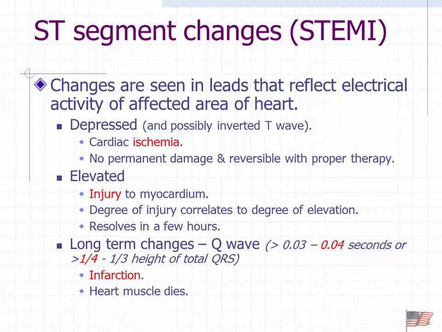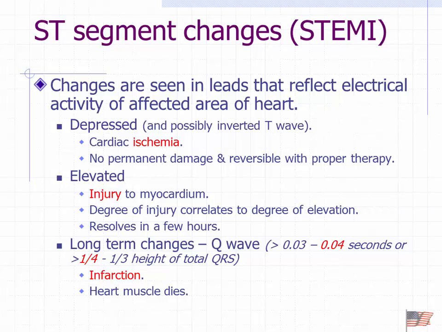The area of the heart where the damage occurs is permanently lost. So let's take my inferior wall. My inferior wall, lead 2, lead 3, lead AVF, all looking down to the bottom of the heart. If that tissue becomes damaged, what's going to happen when the current approaches it?